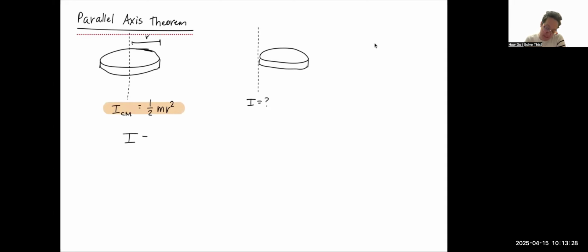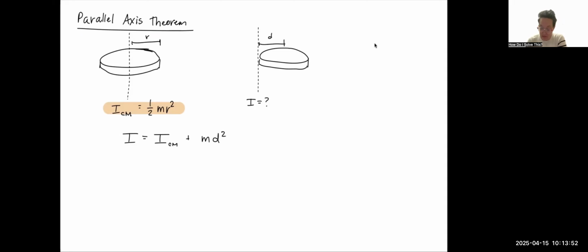And the way we do that is take the center of mass moment of inertia, and add m d squared. So this d is the distance from our previous axis to our new axis.